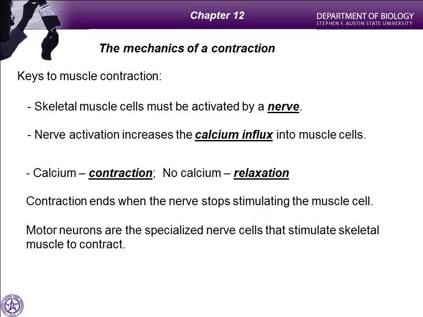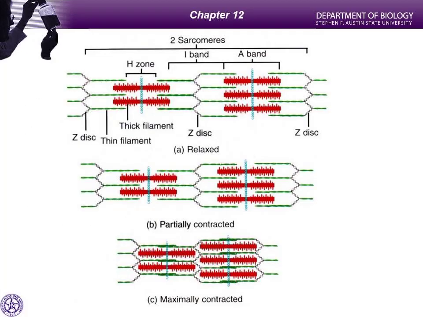So here is our relaxed state, our sarcomeric state that we're used to seeing. A bands, we've got the H and M down the middle. And in a fully contracted state, you can see the green thin actin filaments completely fill in. So our A band is still there, and our A band is going to be the same size because myosin didn't move.